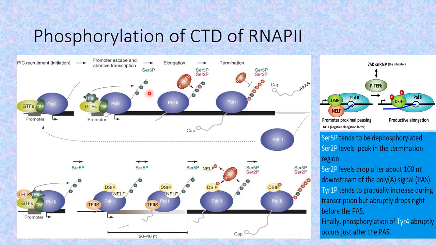And once this phosphorylation takes place, RNA polymerase second escapes the promoter region.